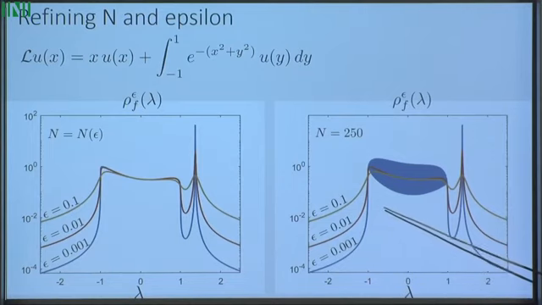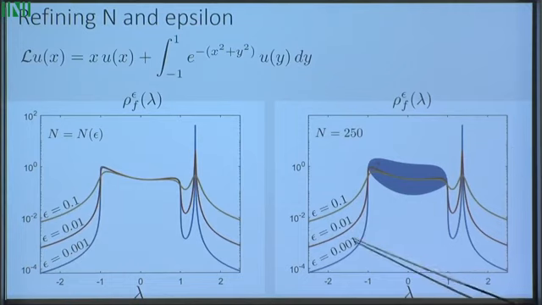If you choose epsilon too small, you start to get too close to the clustered eigenvalues of the discretization. You start resolving the spectral measure of the discretization, which is a clustered sequence of Diracs, hence nonsense, instead of getting the actual spectral measure of the operator. That's why adjusting n and epsilon is so important. It's important to fix epsilon and refine n.